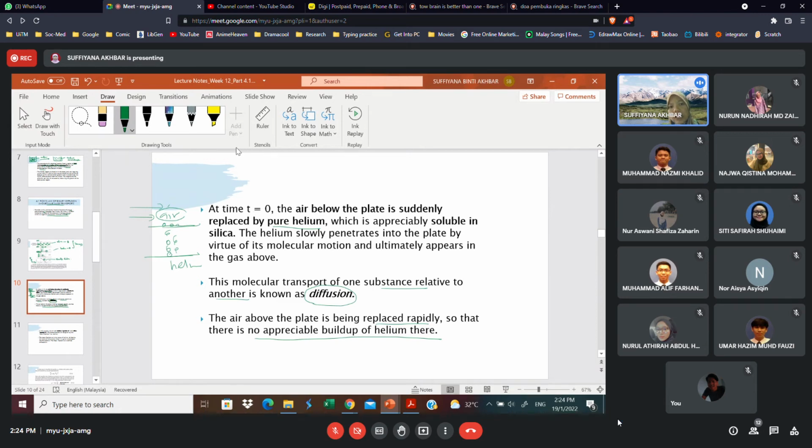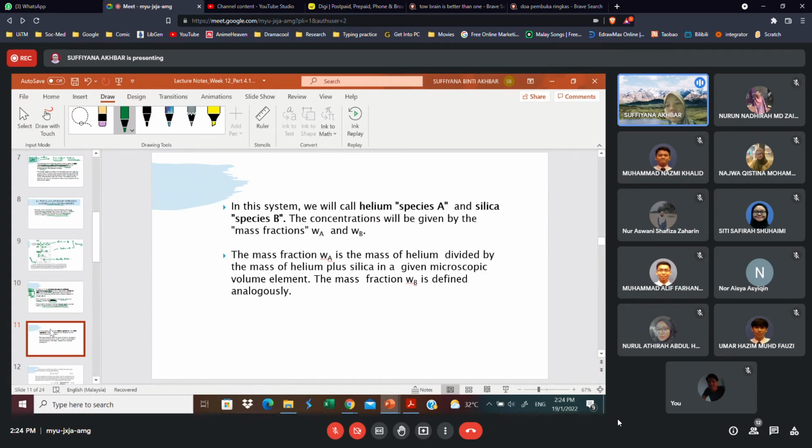Because if there is no velocity here, the concentration of the helium will increase, and then it will diffuse downward. So when there is velocity of the air, it will sweep away the helium. So it maintains the concentration of helium here low compared to below. So diffusion still goes upward.